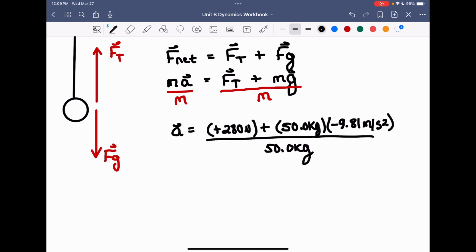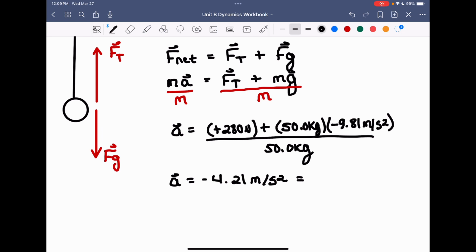There we go. Okay, here's what it's going to give us for an acceleration. Right away, I'm looking at this numerator, 280 plus a negative 50 times 9.81, and it looks like it's going to end up negative. In fact, when we actually get the answer, we get negative 4.21 meters per second squared.